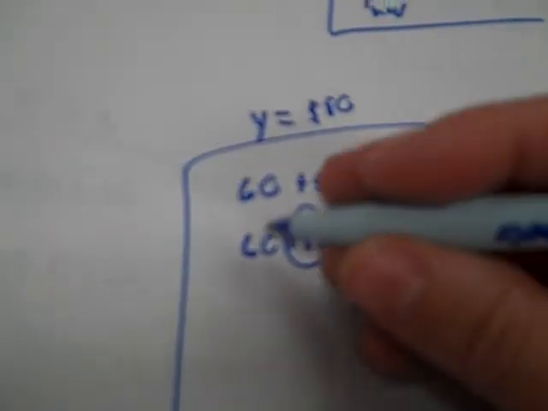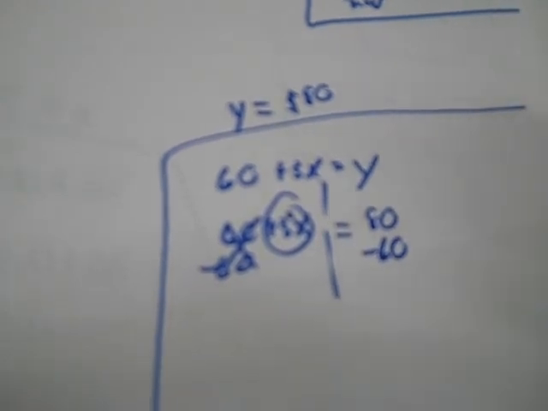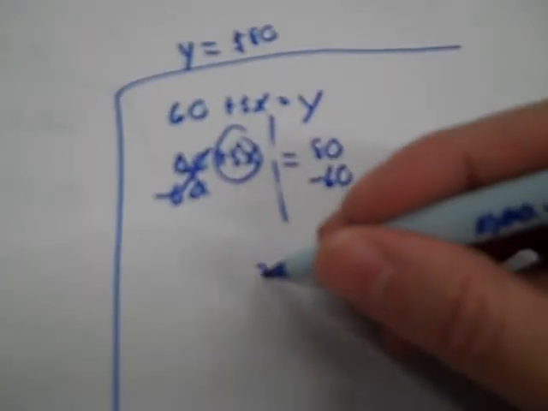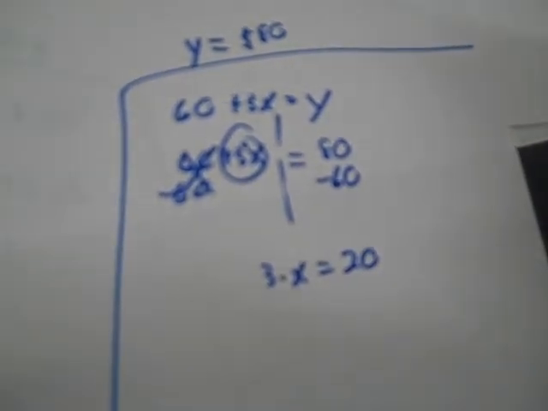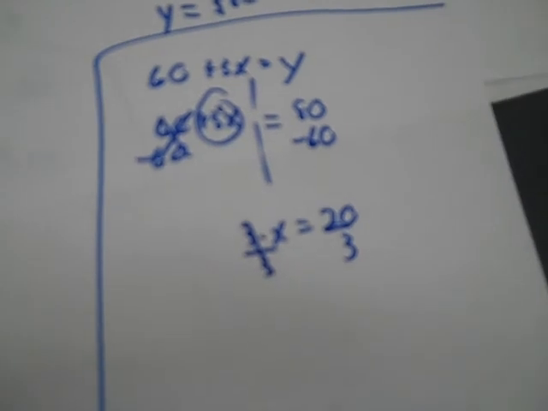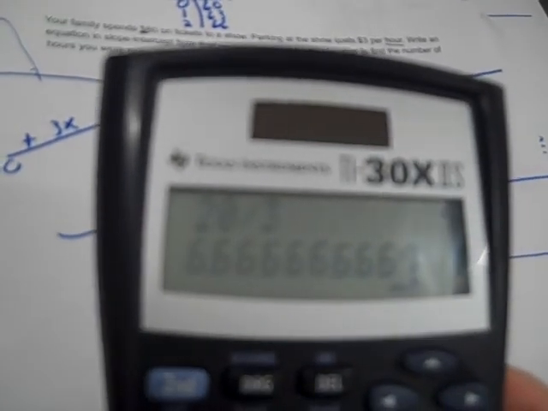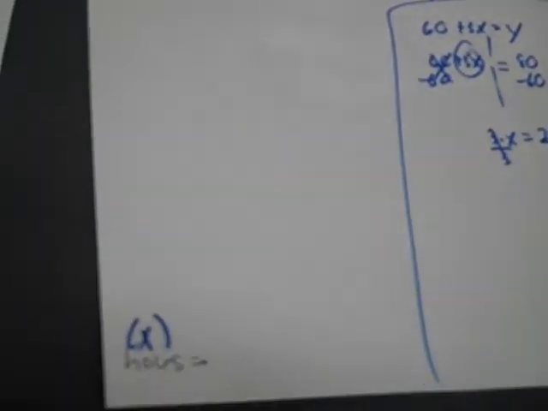I've got to get the 60 to 0 by minusing it. That's 20. So 3x equals 20. And then we're going to divide both sides by 3. 20 divided by 3. Okay, I don't want to write that, so instead what I'm going to do is 20, ABC, 3. And it converts it to a fraction. 20 ABC 3, 6 2/3 hours.